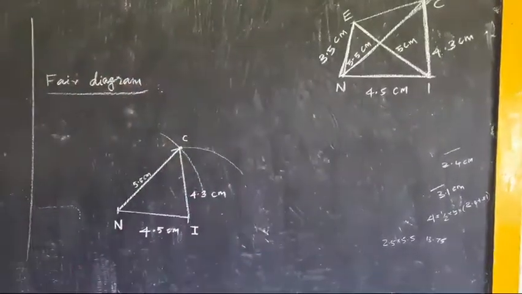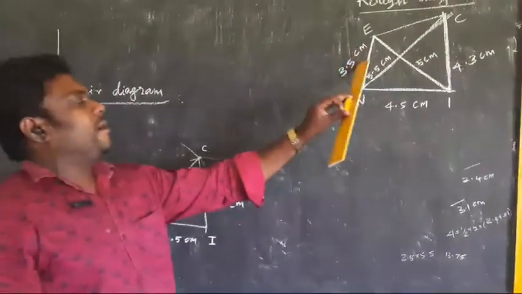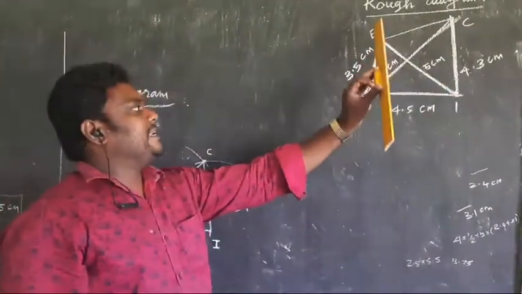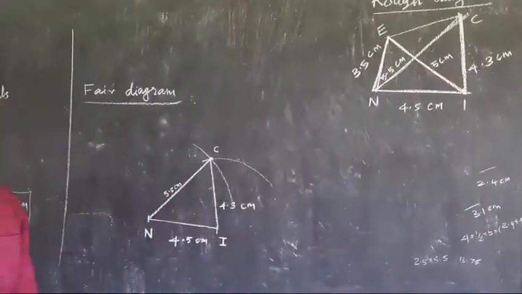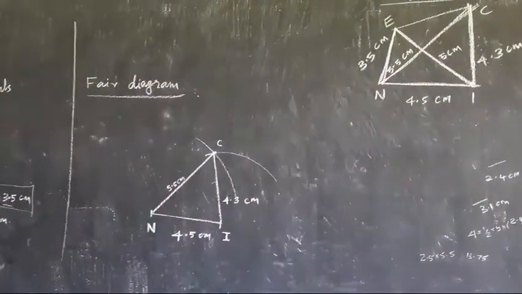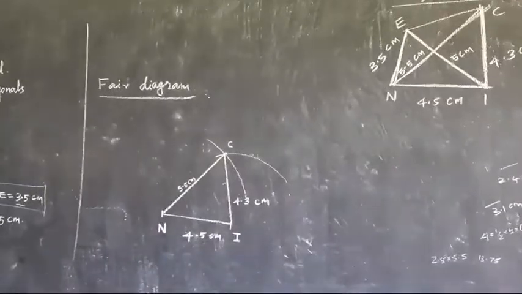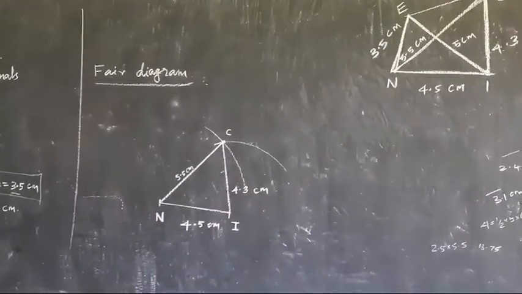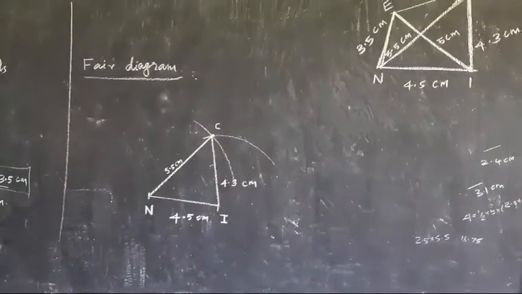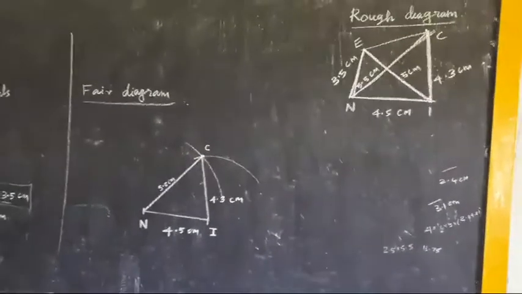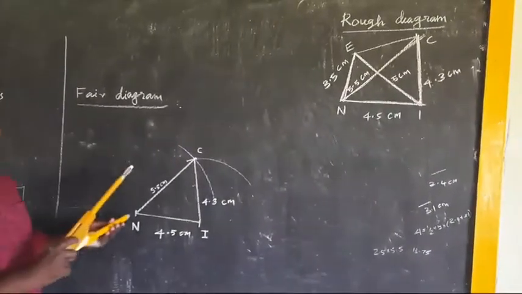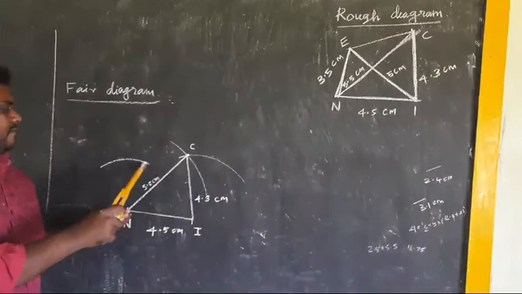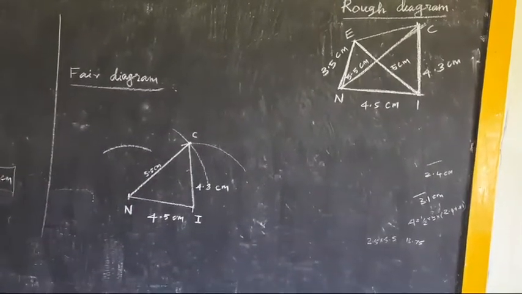Next I am going to draw the triangle on this side, with NE 3.5 and IE 5. First I take 3.5 centimeter with the scale and compass from N and draw the curve.